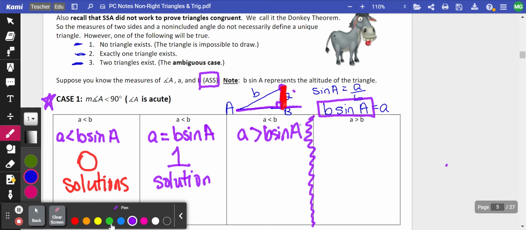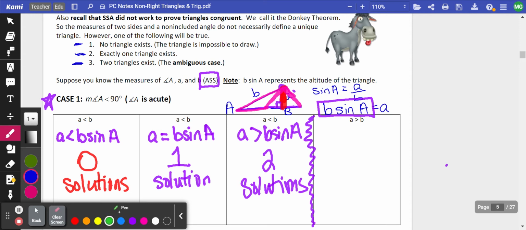This is the case where we will get two solutions. And the reason we'll get two solutions is that the longer side could be in here, making a triangle like this, or the longer side could have tilted out, making a triangle.